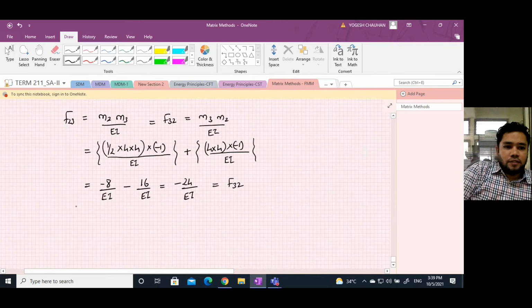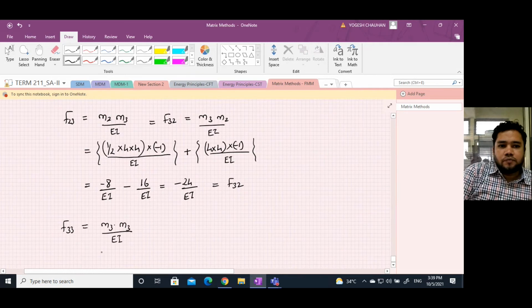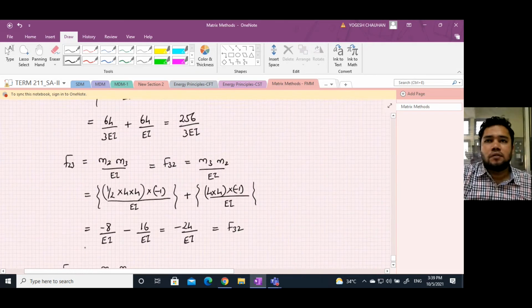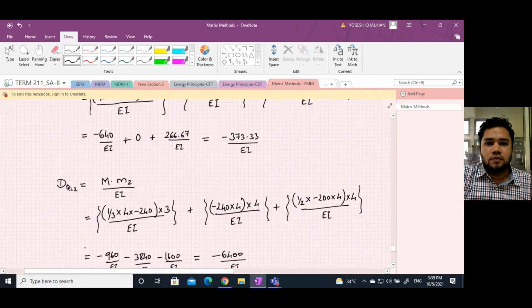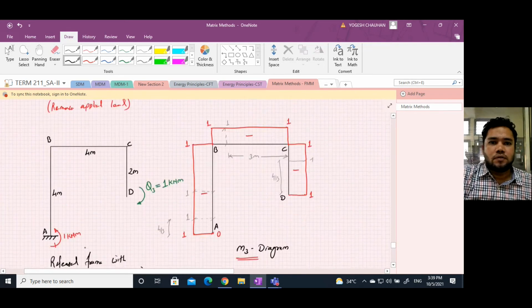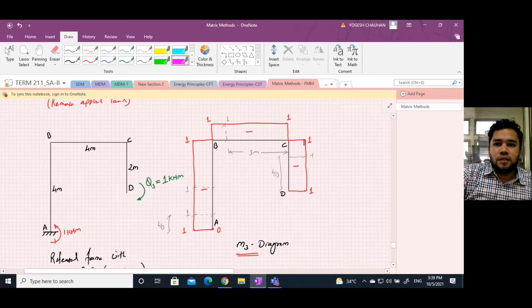Okay, now last thing, F33, which will be equal to M3 by EI. So this time we take the area of this rectangle and its CG multiplied with its own CG.